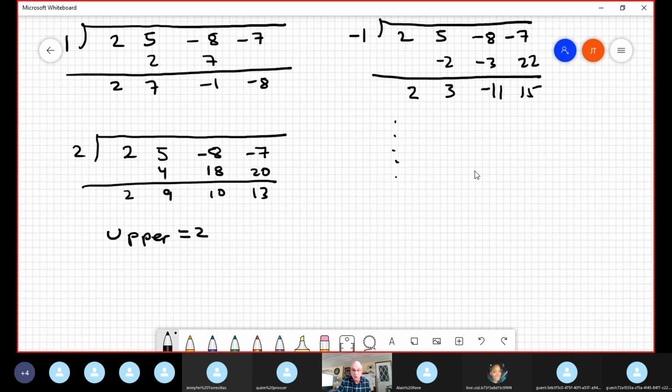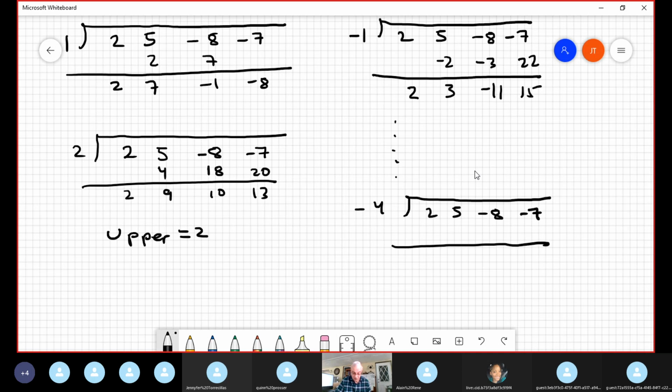However, -4, surprise, a new situation. Look, bring down 2, this is -8, this is -3, this is 12, this is 4, and this is -16, and this is -23.